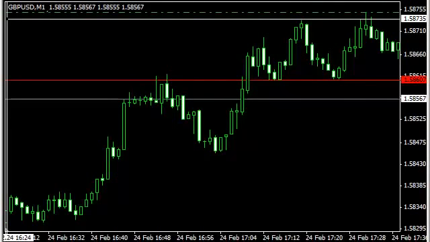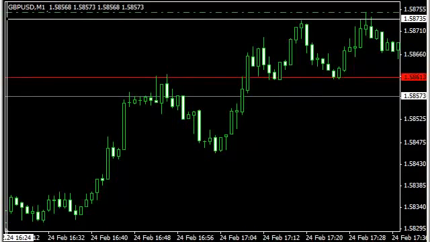It's 11:24 a.m. Eastern Standard Time, and you're looking at a pound-dollar MetaTrader chart that I use side by side with my binary platform. This allows me to see the overall picture, bigger trends, and this is a 1-minute chart.